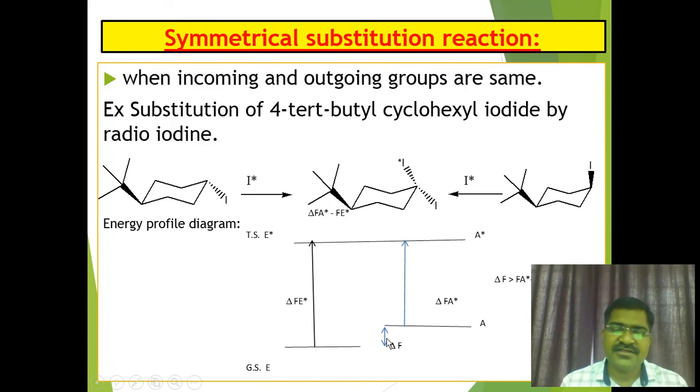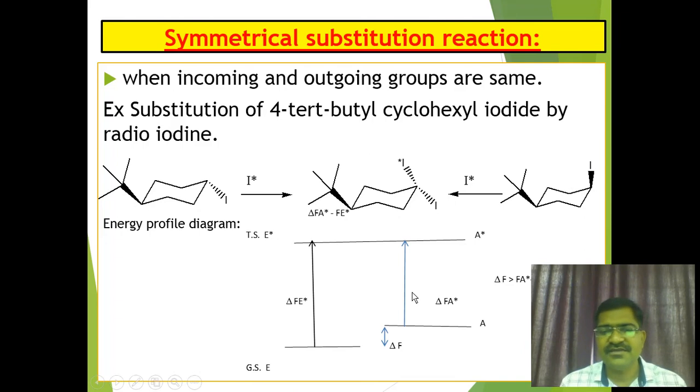That means the isomer which is crowded at ground state reacts faster. So if you compare equatorial and axial isomer, the axial isomer is crowded at ground state, and therefore the axial isomer reacts faster as compared to the equatorial isomer.